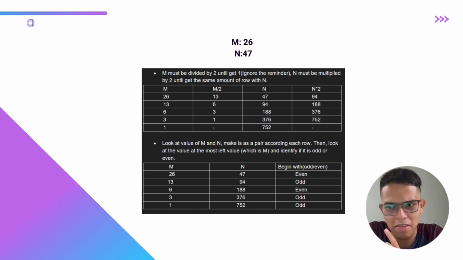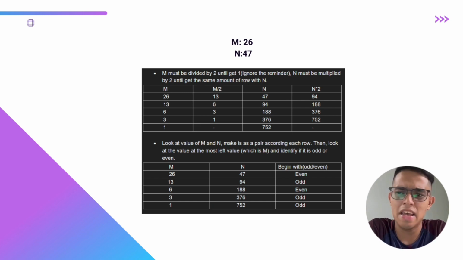I multiply it by 2 and I get 94. 94, I multiply by 2 again, I get 188, and I multiply by 2 again, and then I get 376, and then I multiply again for the last time, I get 752, and then I stop because we have reached the same number of N values as M values, which is 5.